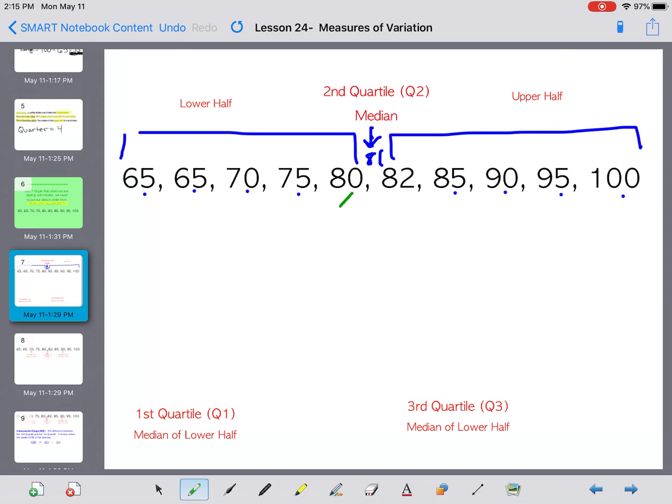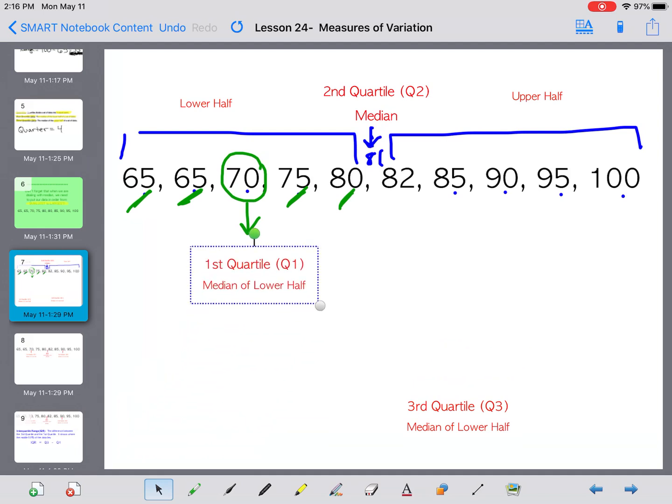So I'm going to cross out right here 80, and then I'm going to cross out 65. Then I'm going to cross out a second one, 75, and a second one from the small side, 65. What that means is that 70 is actually my first quartile right here.